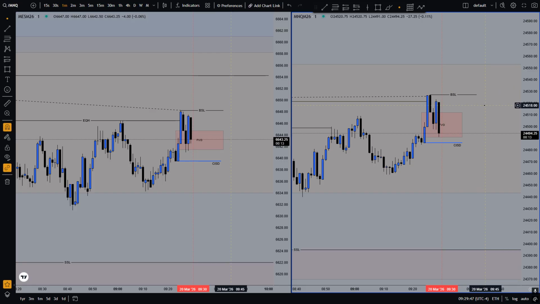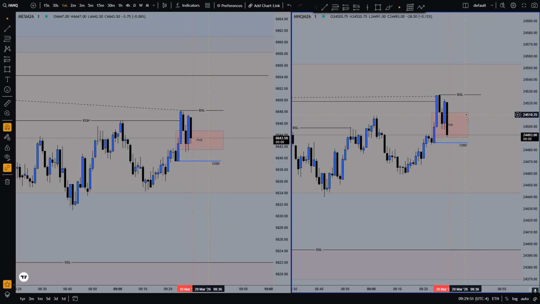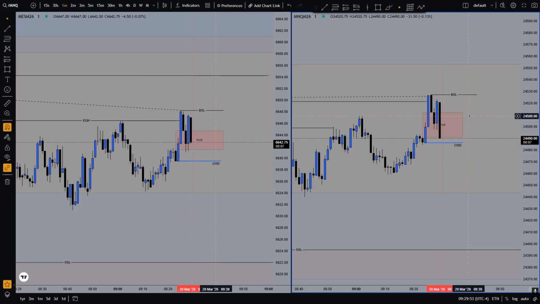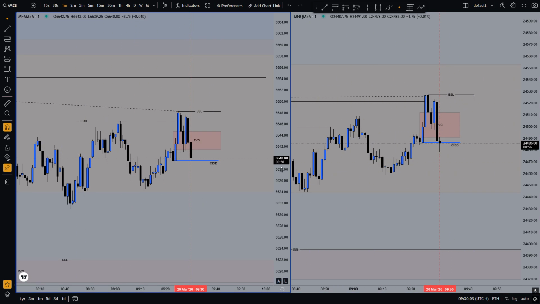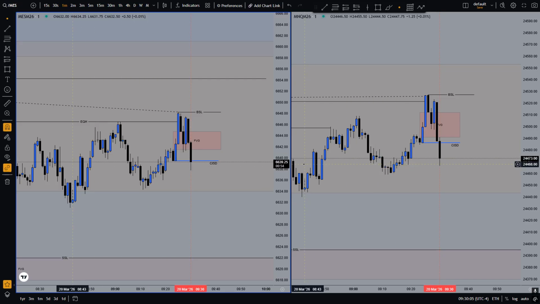You know, I would not be against taking a stab lower here. We're just gonna wait because we get that pullback anyways. See what we do if we just want to go, which we just might.